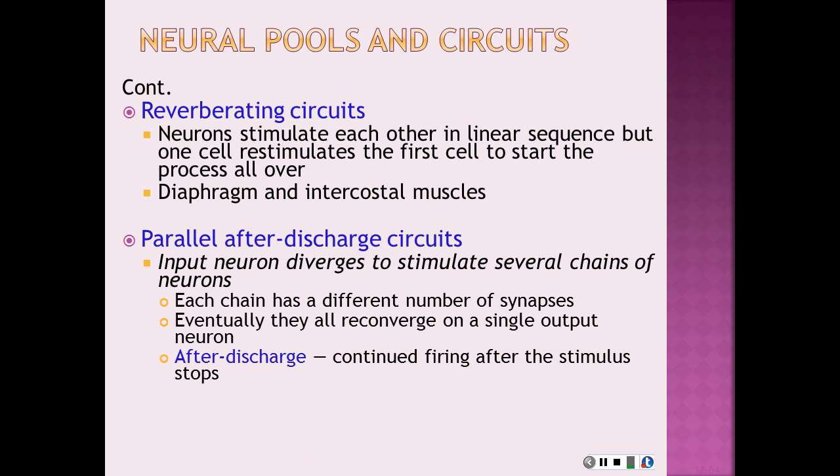These chains differ in total synaptic delay, meaning that their signals arrive at the output neuron at different times. Now there is no feedback loop, and once all the neurons have fired, output ceases. Now the output neuron may continue to fire after the stimulus stops, as signals continue to arrive.